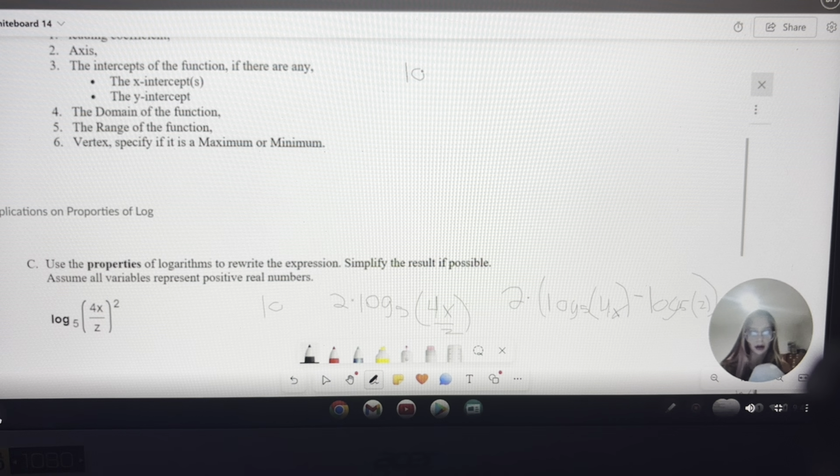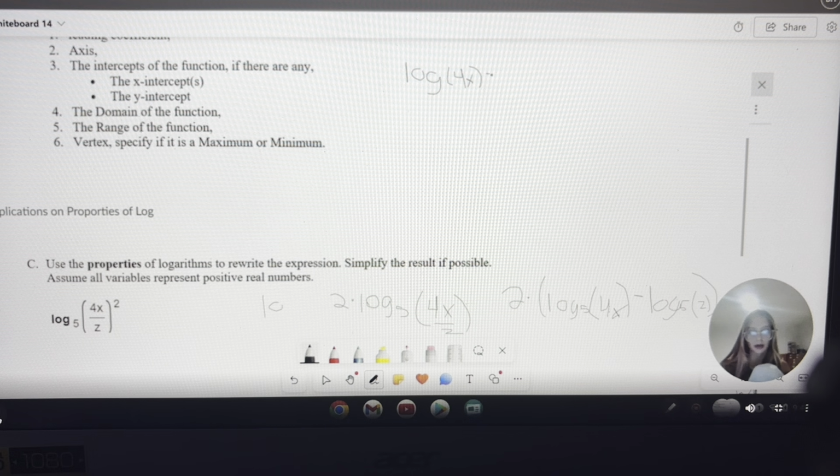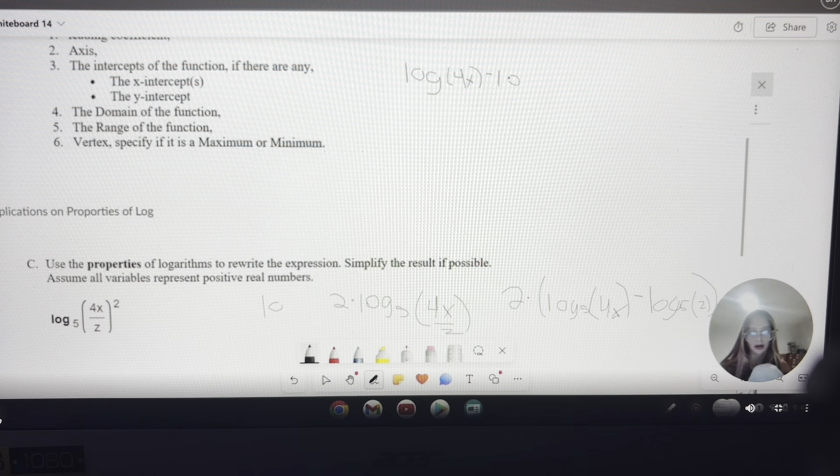We're going to do log 4 times x equals log base 5 of 4 plus log base 5 of x.